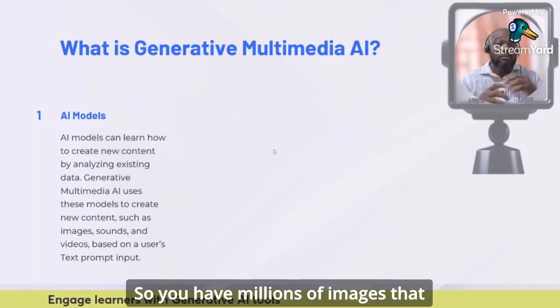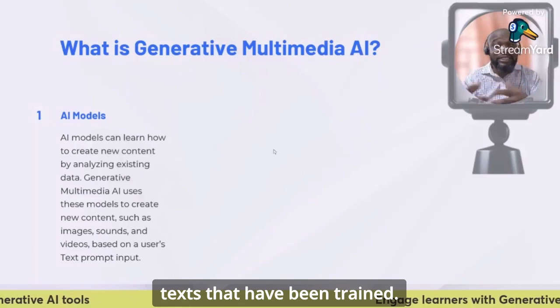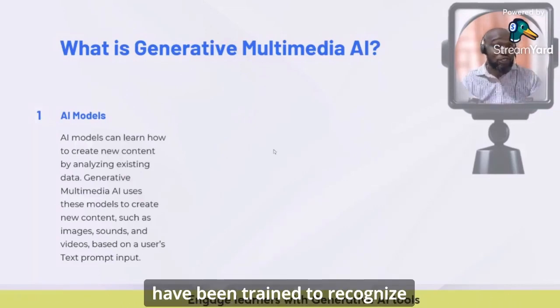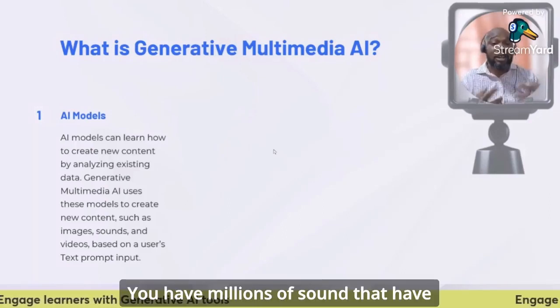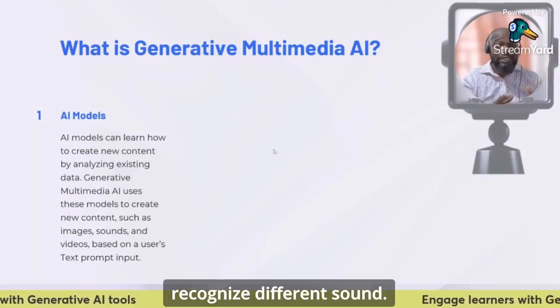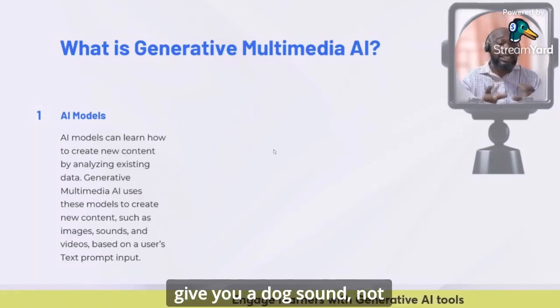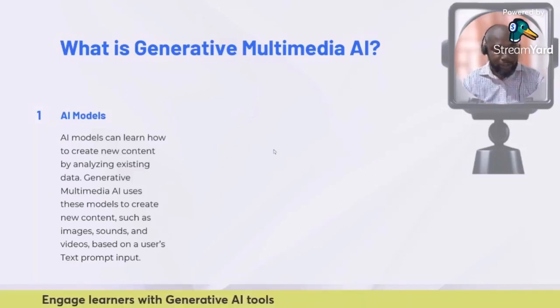You have millions of images, millions of texts, that's why you have your GPTs, millions of videos trained to recognize different patterns, and millions of sounds trained to recognize different sounds. So you can tell the AI to give you a dog sound, and it will give you a dog sound, not a cat sound or a car sound.